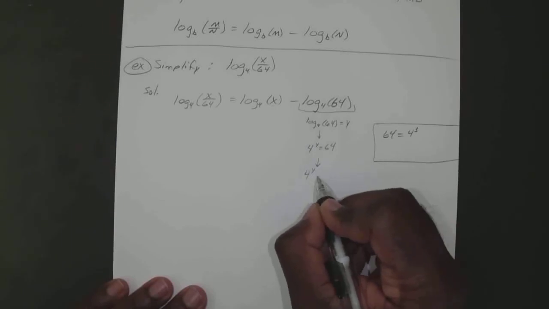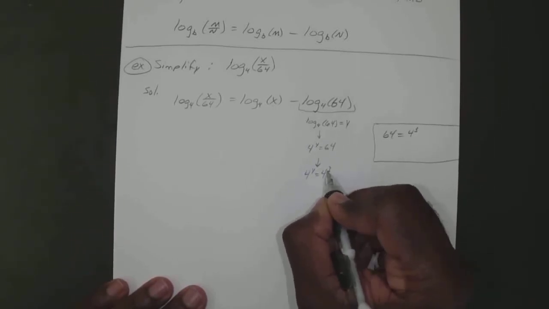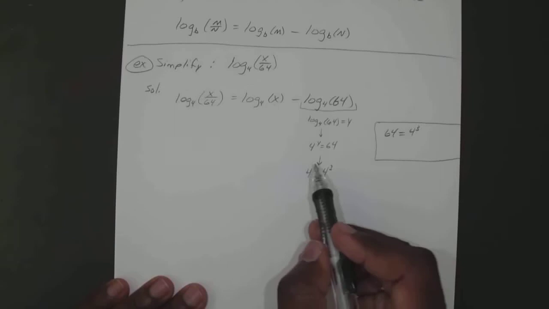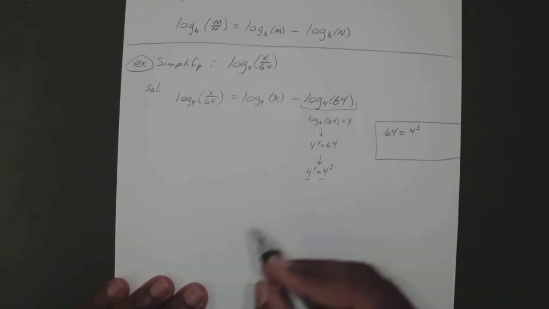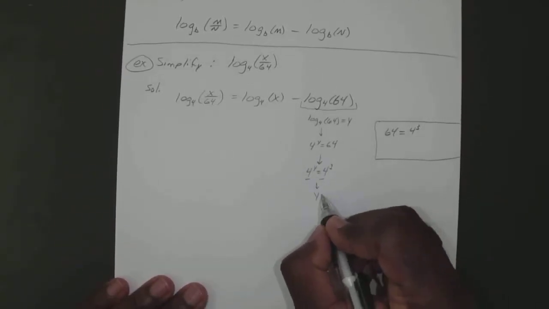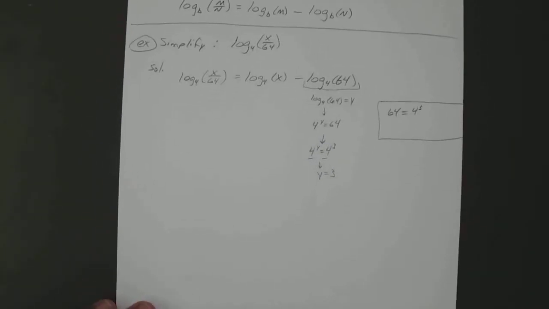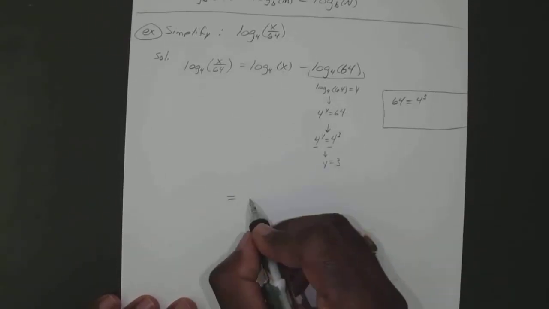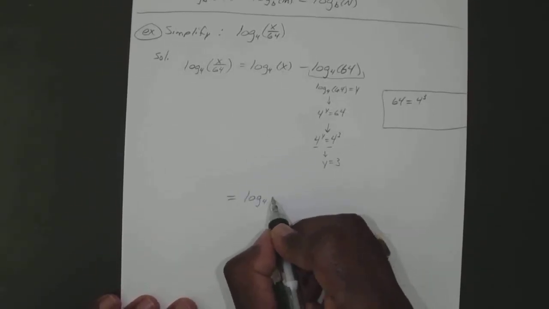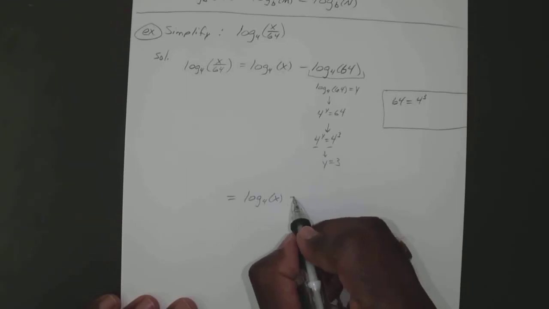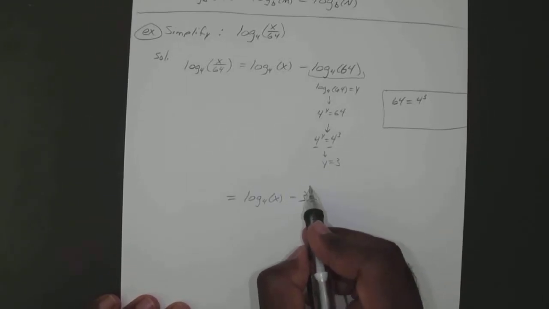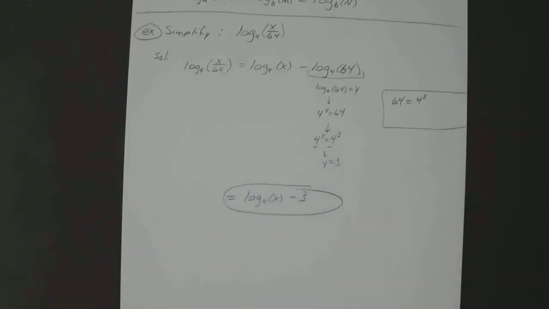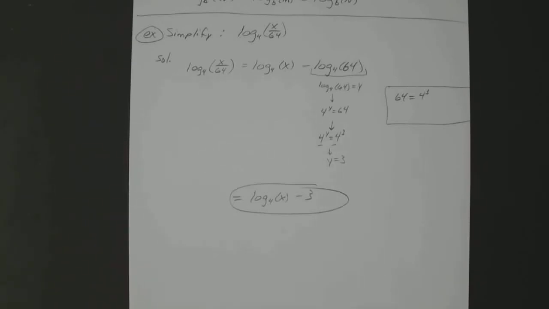So 4 to the power of y equals 4 to the third power. Again, your bases are the same, that means your y has to equal 3. So this can be rewritten as log base 4 of x minus 3. Straightened up. All right. Any questions on that one?